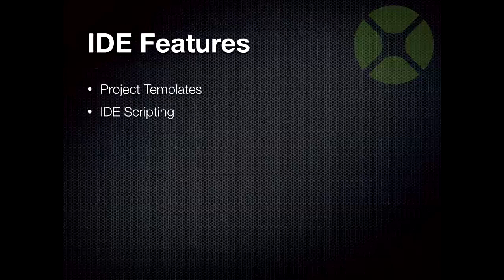Xojo also has IDE scripting, and this allows you to write little scripts using the Xojo script language and companion methods that allow you to control the IDE to a certain extent. You can open windows, change things. So it allows for some level of automation of some tasks.